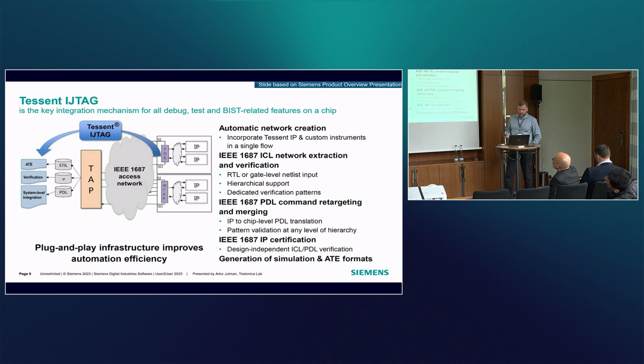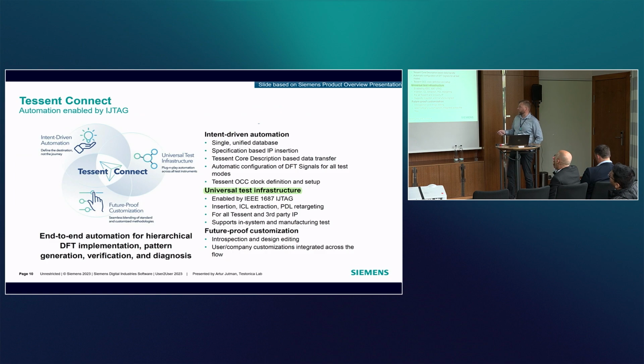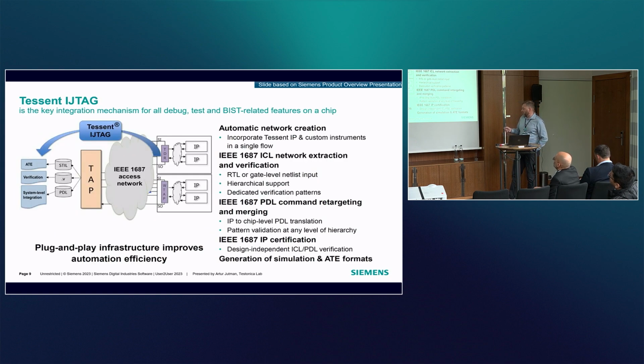I reused some slides from the Siemens product overview presentation, and you can see clearly that IJTAG is a way to automatically connect your instrumentation and test data and scan chains through the 1687 access network to external test equipment for different purposes: for testing, validation, verification, and also debug and configuration.